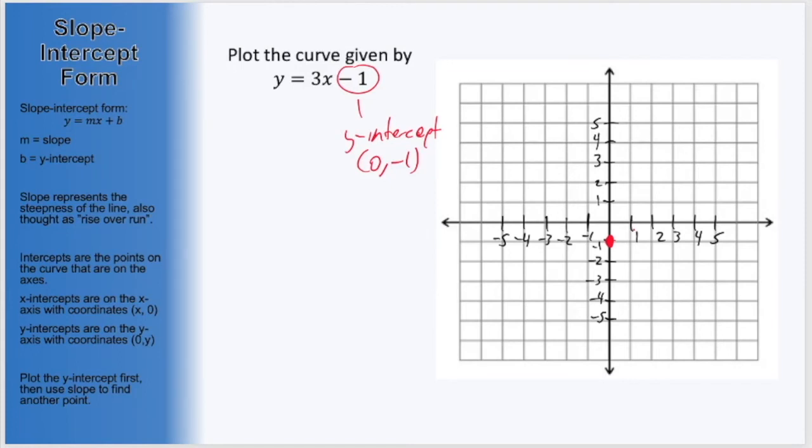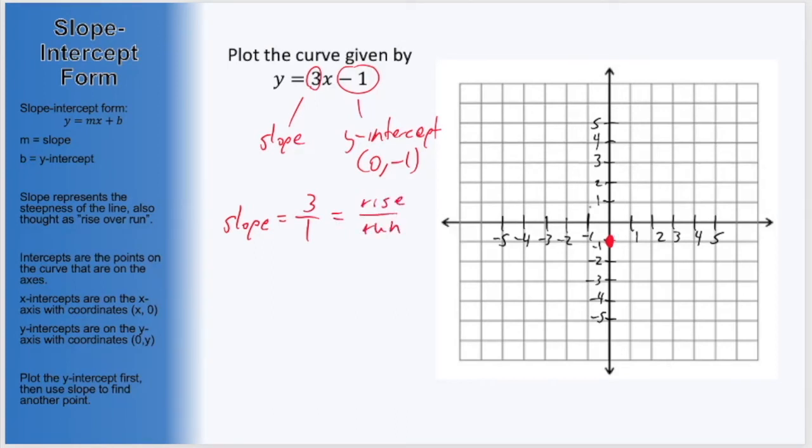To get that next point, we will make use of the slope, which from this equation is 3. This 3 can be written as a fraction, 3 over 1, which we can think of as the rise over run for this line.